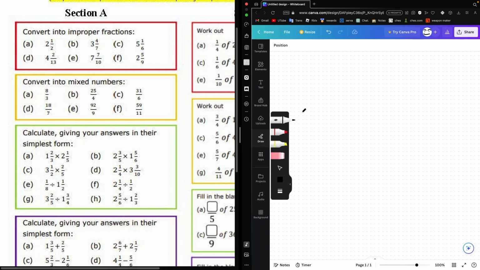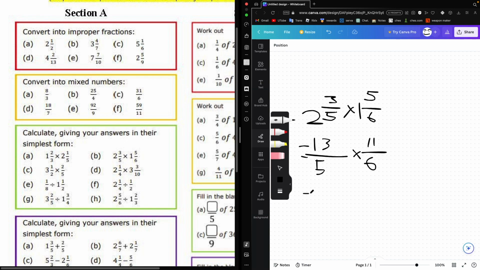Next, B. 2 and 3 over 5 times 1 and 5 over 6. 2 times 5, 10. 10 plus 3, 13 over 5, times 1 times 6, 6. 6 plus 5, 11 over 6. 13 times 11, 143 over 5 times 6, 30.